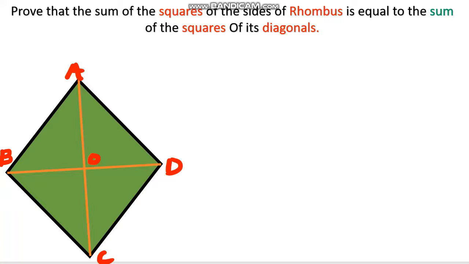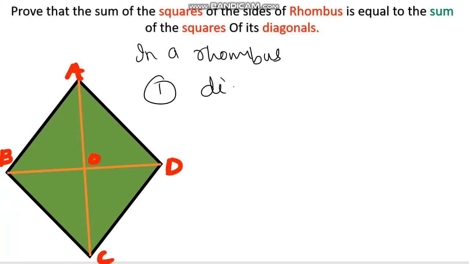See here children, first of all, when we are solving this sum, we have to take into account two important things regarding a rhombus. Regarding a rhombus, what do you know? In a rhombus, the first thing you should know is diagonals bisect each other at right angles.